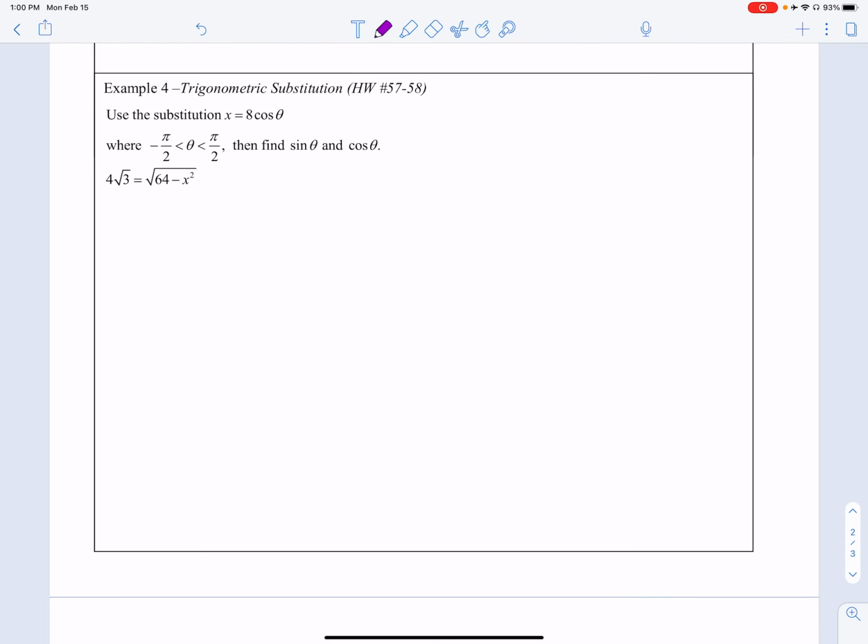Right, example 4. Use this substitution, and they're talking about theta from negative pi halves to pi halves. Then find sine theta and cosine theta. So we are going to replace x with 8 cosine theta.